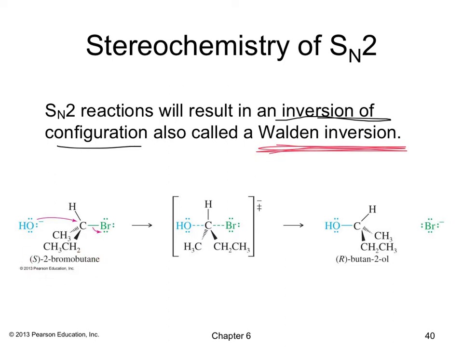It starts off with S-2-bromobutane. Here's the transition state, again in brackets, double dagger, negative charge. You're getting this dotted line, so it's happening where the hydroxide's coming in as Br is being kicked out. Now you generate R, so you have an inversion of stereochemistry of butanol and bromine.